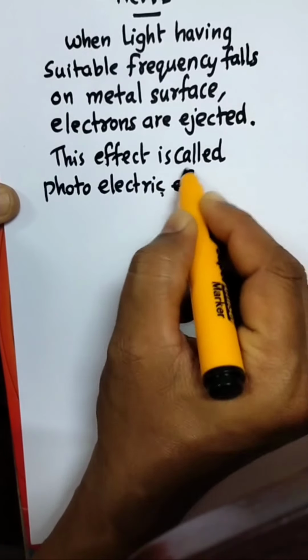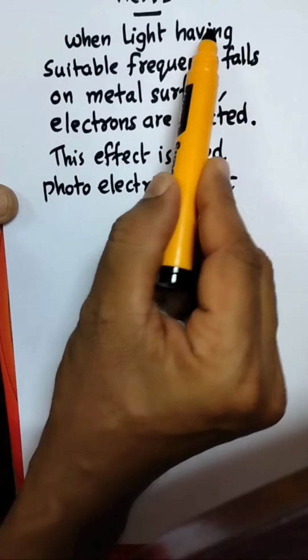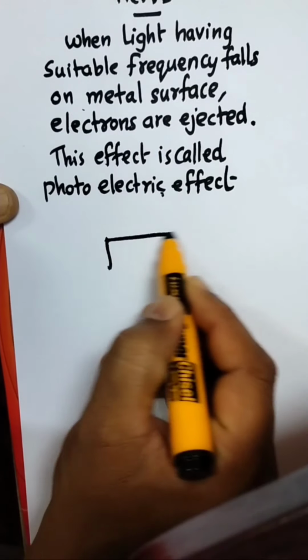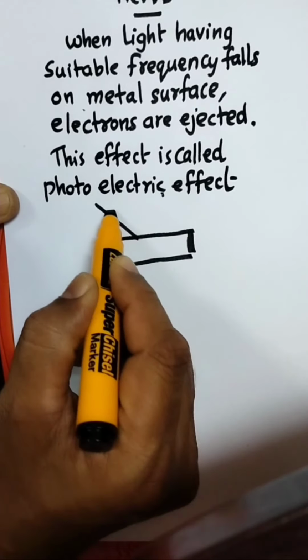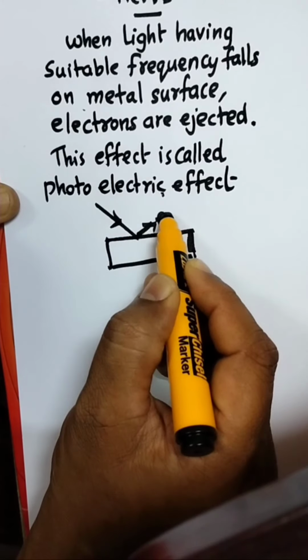Consider this is a metal surface. When light with a suitable frequency falls on it, electrons are emitted from this metal surface.